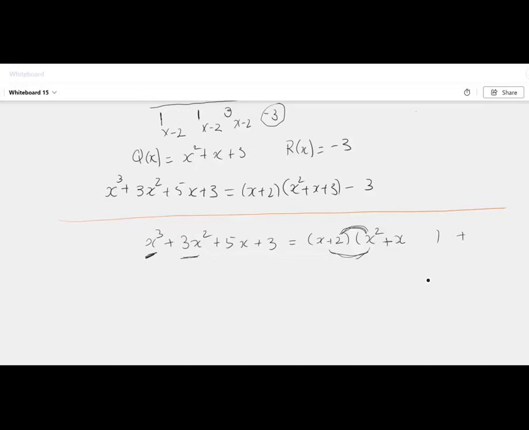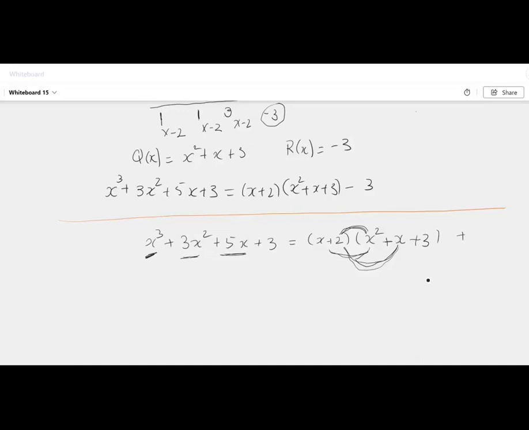And finally, I'll shift my attention to the term in x on the left hand side, which is 5x. Up to here I've already got 2x, so I need another 3x, and this can only be done if I have 3 as a constant term of the quotient.